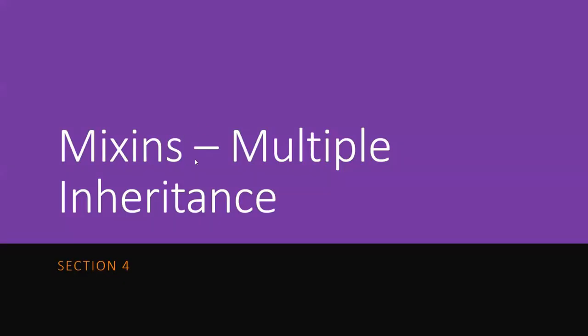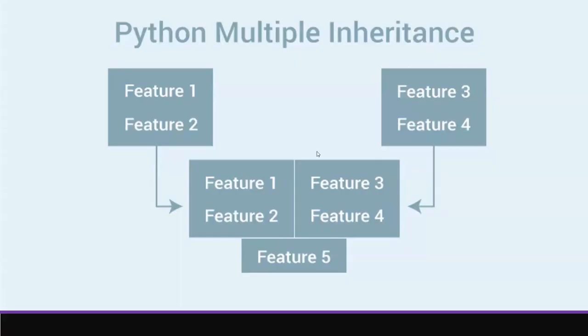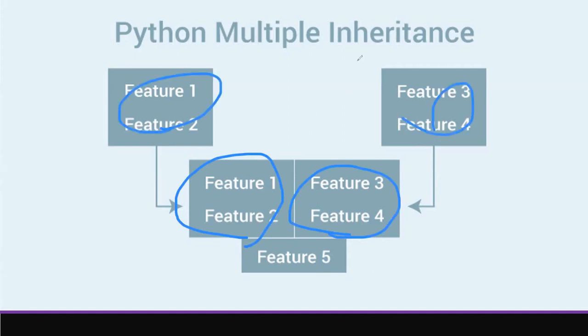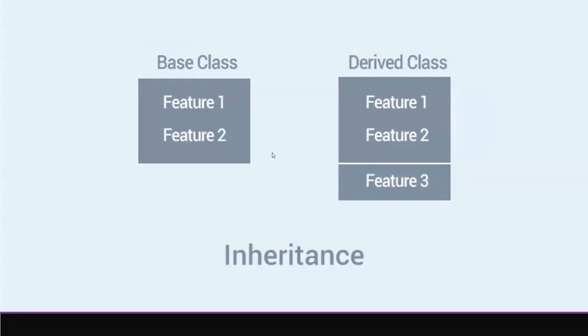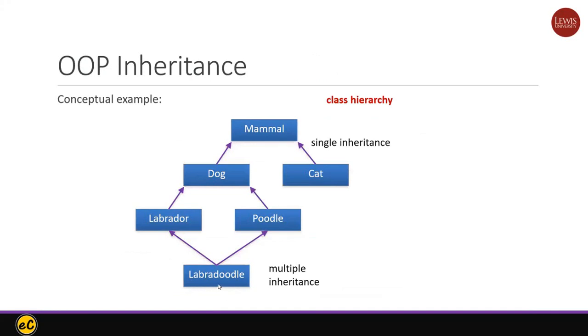Next, multiple inheritance. So you can have multiple inheritance, where you take over the features of your two parent classes, just like this Leopoldo-Dudok.